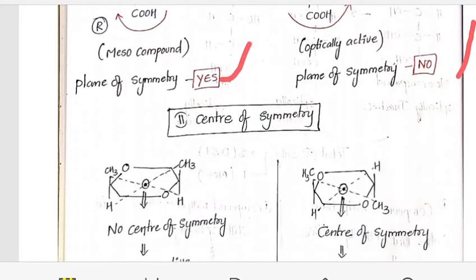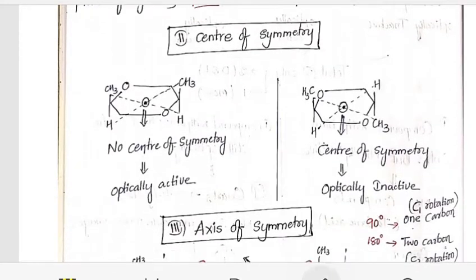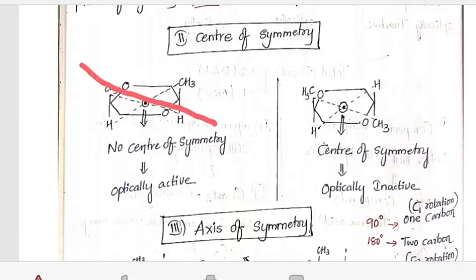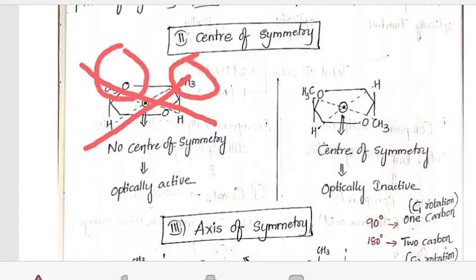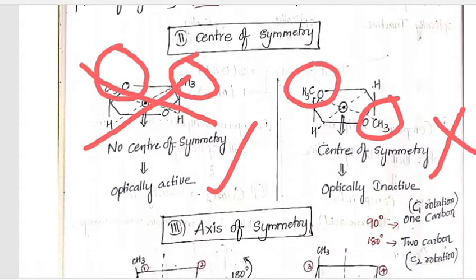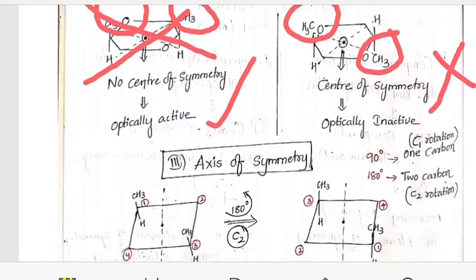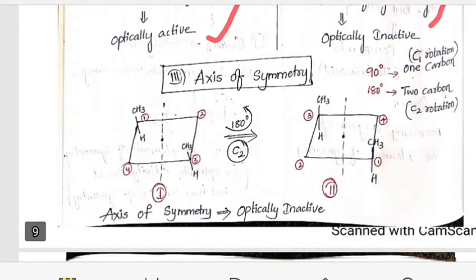And the center of symmetry, if you see how you have to draw the line, you have to take it horizontally, and if they are similar, then it will be inactive. This is an optically inactive compound, because symmetry is there. And axis of symmetry, here I am representing the axis.